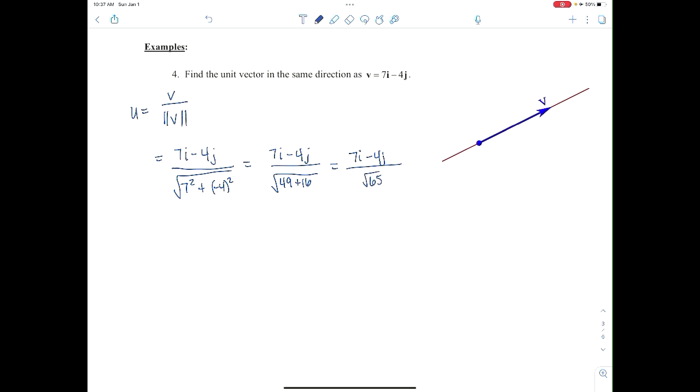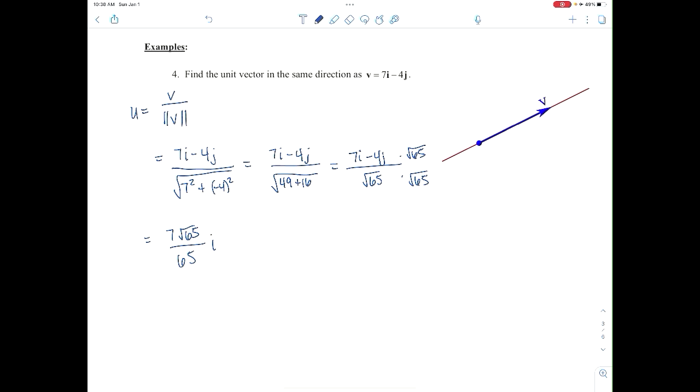We could stop here, but we're not going to. We're going to rationalize that denominator, so I'm going to get that root out of the bottom. So when we multiply these out, we're now going to have our root 65 on the top and no roots on the bottom. So on the top, now we have 7 root 65, and on the bottom, we just have 65.